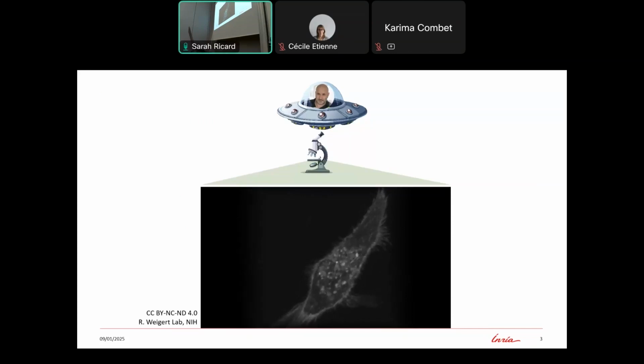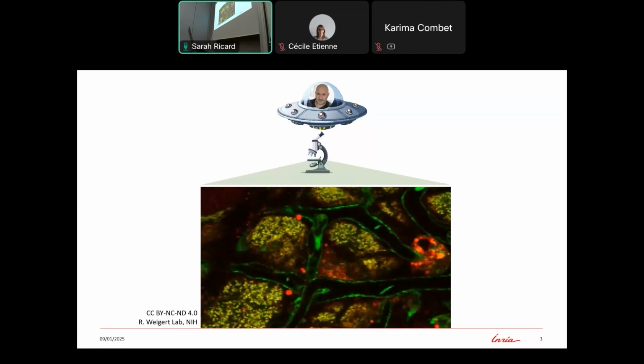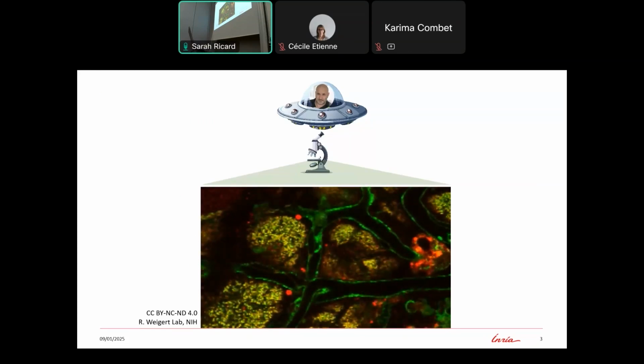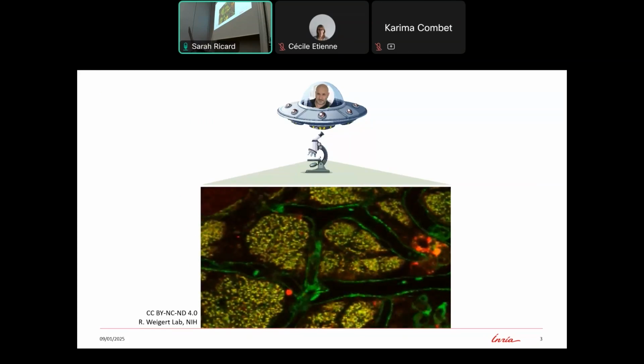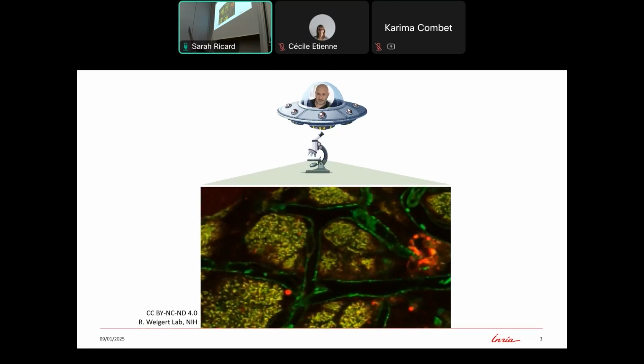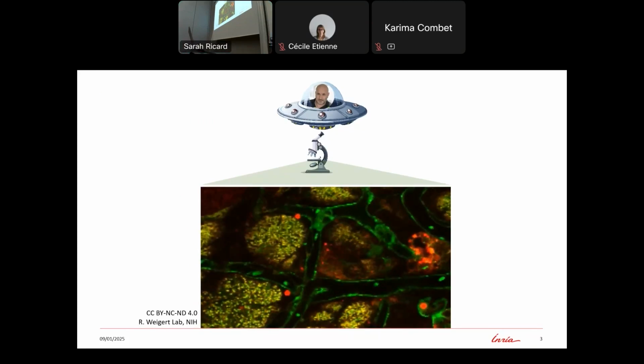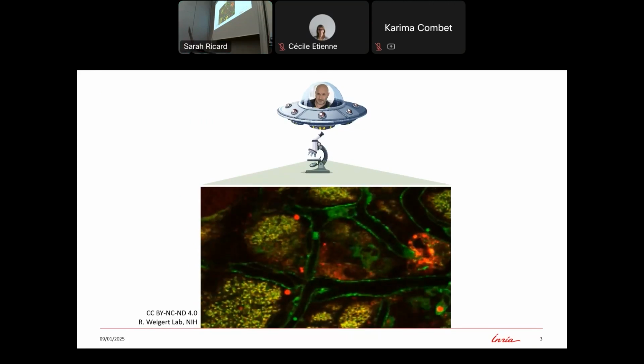Here you have structures that move a bit less, and so on. It's very complicated, and even more so if you have several cells, because then you have movements inside the individual cells, but you also have the cells themselves moving.